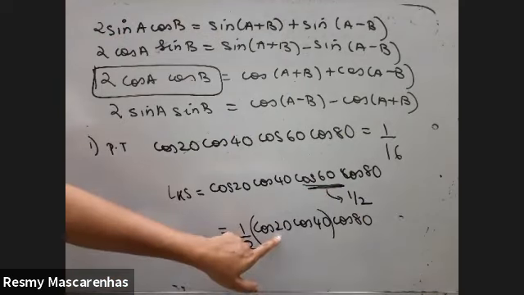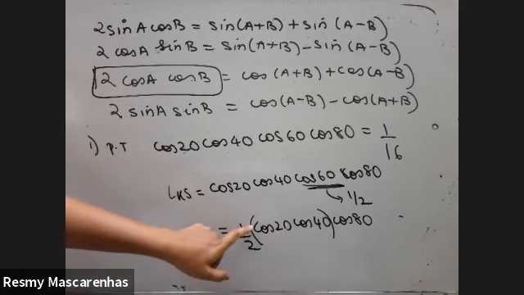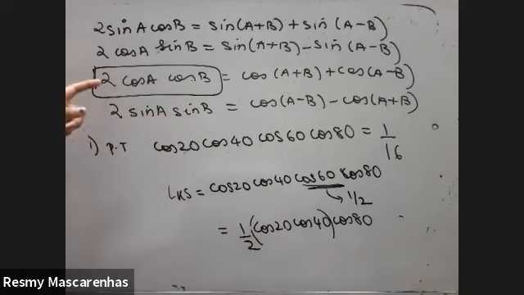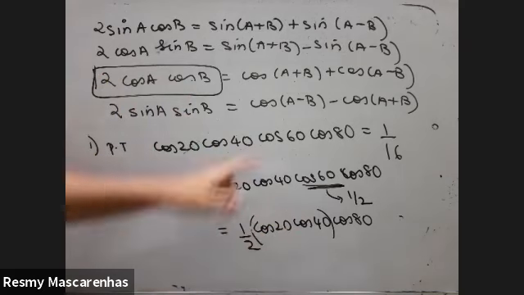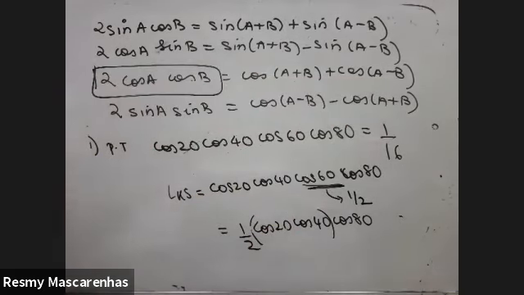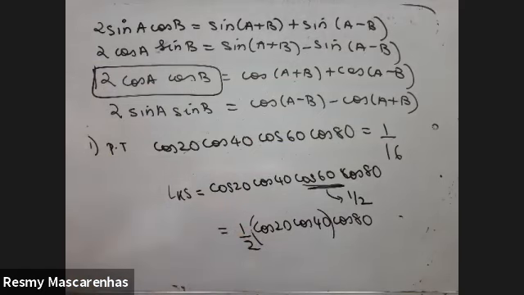Again, if you notice what is missing as per the formula, 2 is missing. I cannot straight away apply the formula because it has to be 2 cos 20 cos 40, then only I can apply this. So for that I will introduce 2 in the next step.